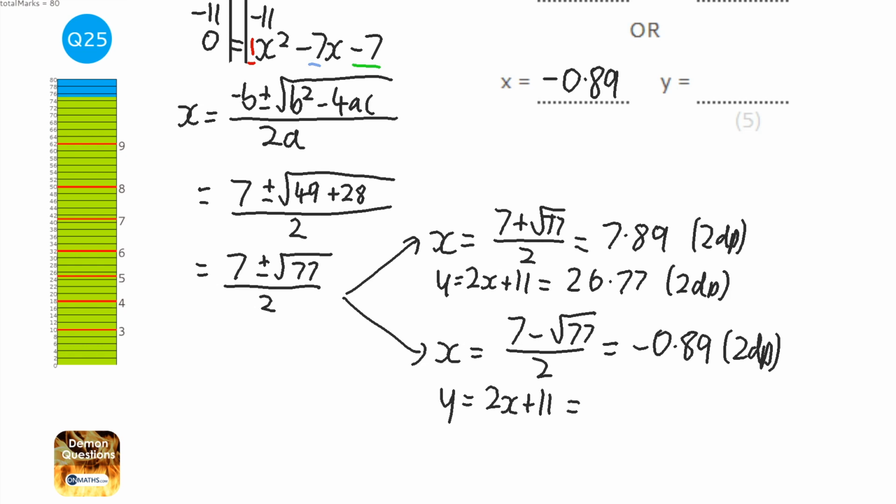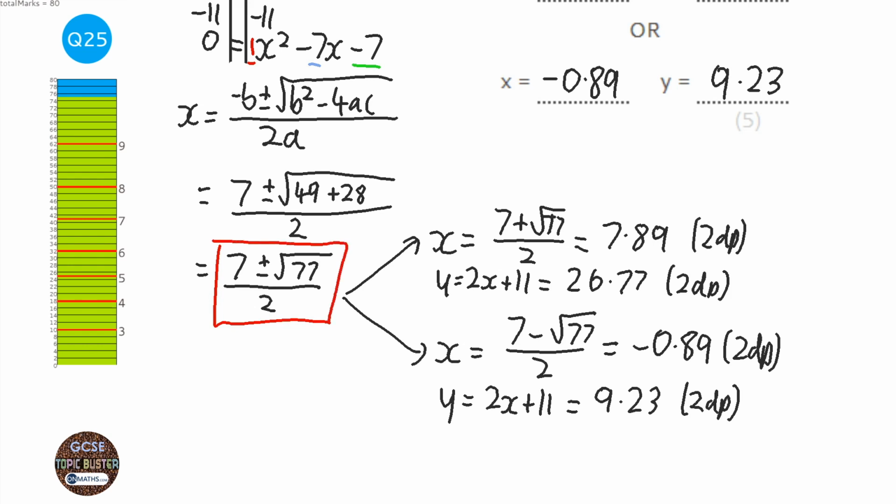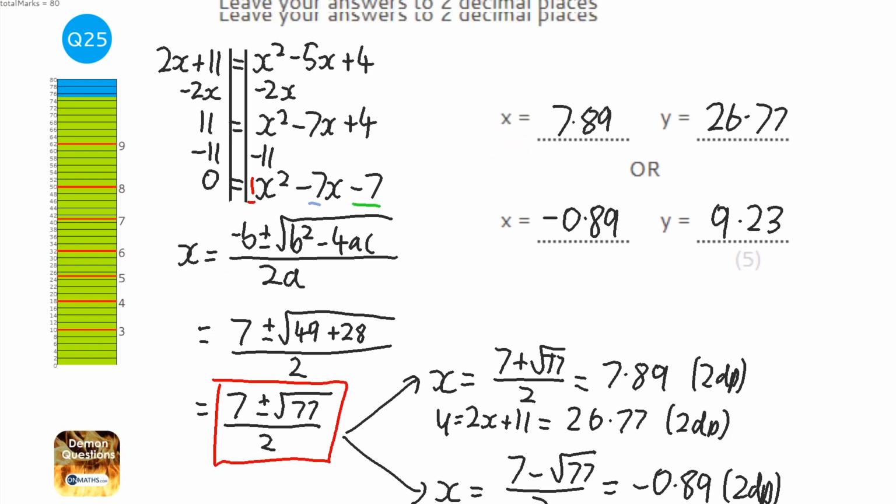So I'm going to times that by 2, and I'm going to add 11. And press the decimal button, so 9.23. And that's to 2 decimal places. So it takes a bit of time, but if you make sure you write this part here down, then you can just split it up into a positive and negative.